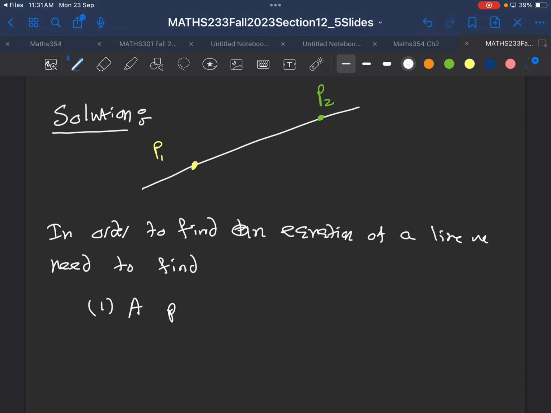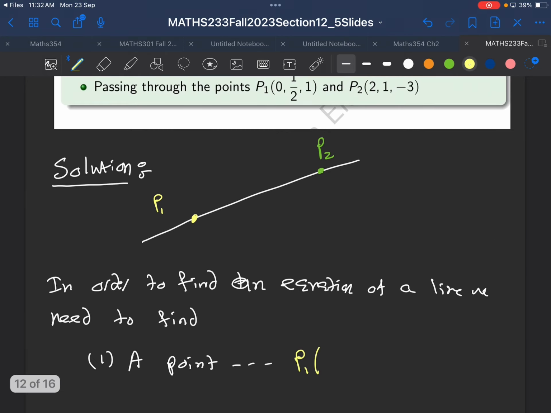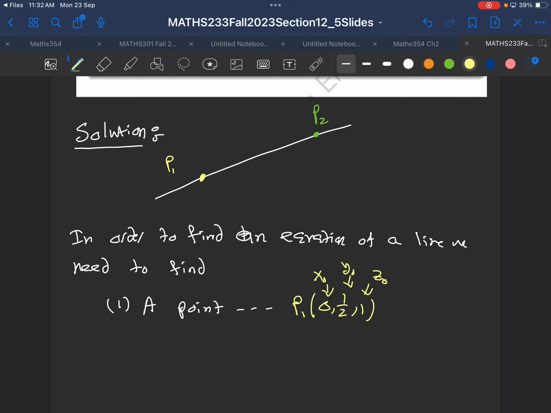First, we need to find a point, and in this case, it is already done for me because the point that I will choose is just B1, and B1 is 0, half, and 1. That means this is x naught, this is y naught, and this is z naught. Now, what else do we need to find?